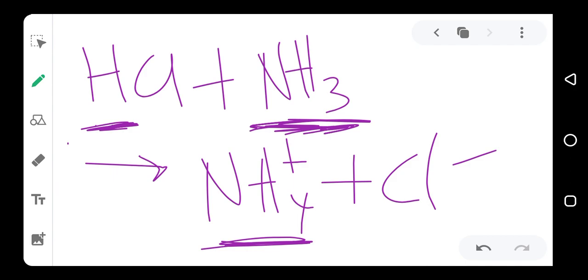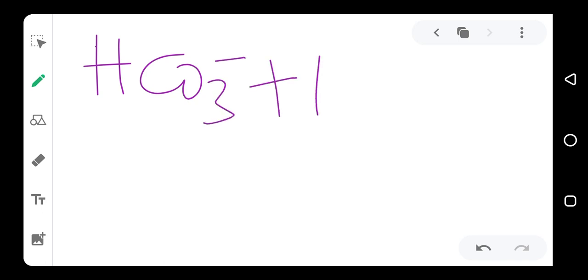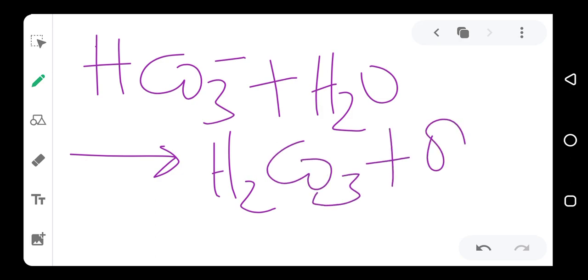So we have other examples. When we have HCO3 minus plus H2O, this will give us H2CO3 plus hydroxyl ion.